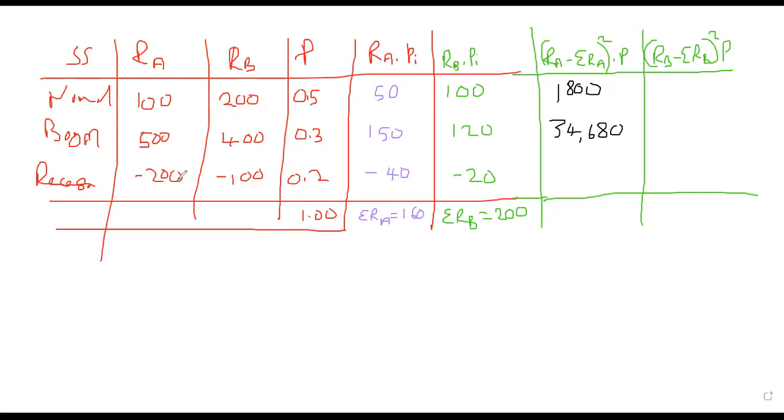Right, then here, negative 200, you subtract 160, you're going to get negative 360. Please be careful here, they are negative, negative. Then when you square it, we're going to get a positive 129,600. Then you multiply it by the probability of 0.2. You're going to get 25,920.